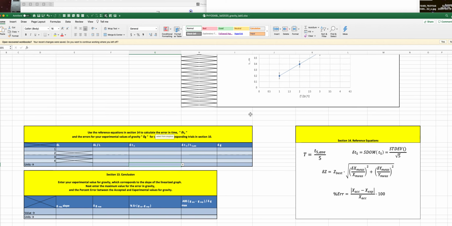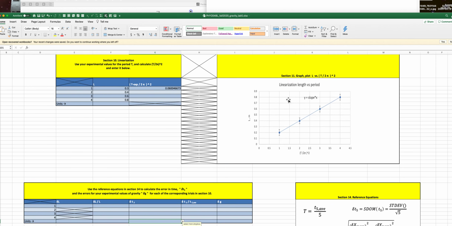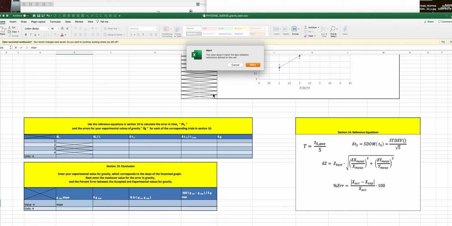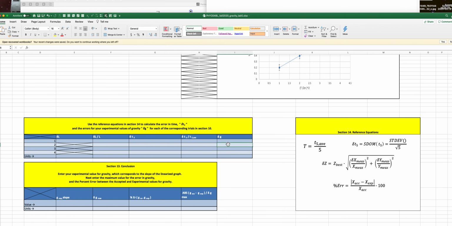And the last part, the value for gravity that you got from the slope here, you're going to enter that over here. So whatever the slope was, you're going to enter it here. And here you're going to choose the biggest value for the error in g, and enter that number there.